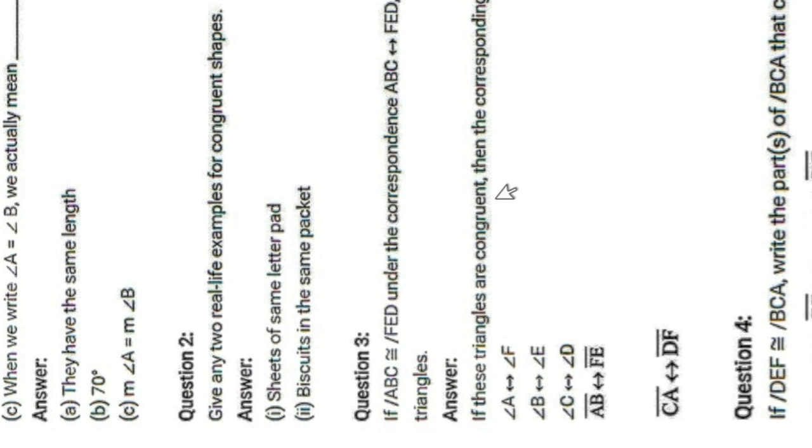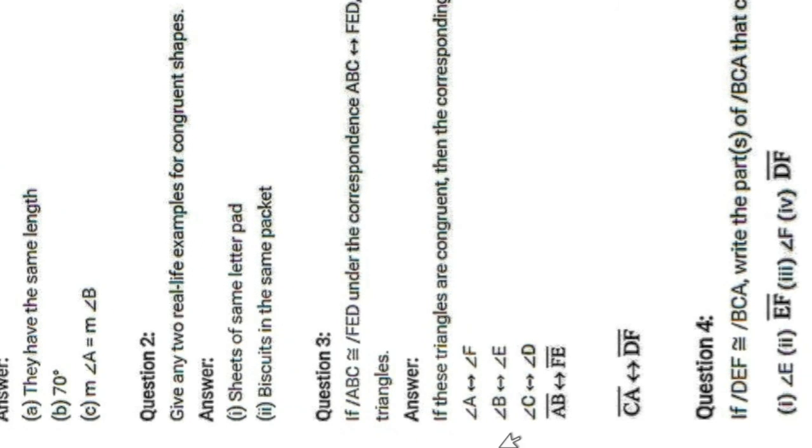If these triangles are congruent, then the corresponding angles and sides will be equal to each other. So angle A corresponds to angle F, angle B corresponds to angle E, angle C corresponds to angle D, AB corresponds to FE, and CA corresponds to DF. Now question number 4.